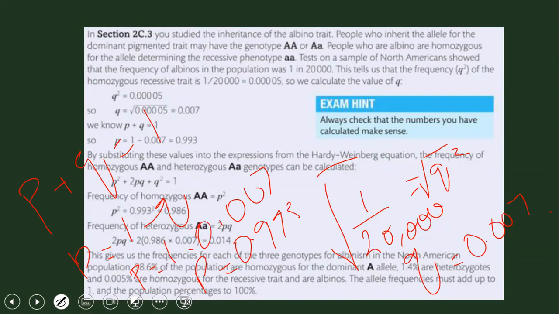Now, once again, we need to know the heterozygotes. We don't need to know how many of them are dominant, how many of them are recessive. We need to know the heterozygotes, because the greater the frequency of heterozygotes, the greater the biodiversity that you're observing, right? So now you will use the Hardy-Weinberg equation.